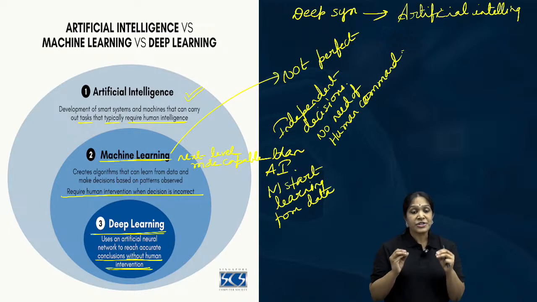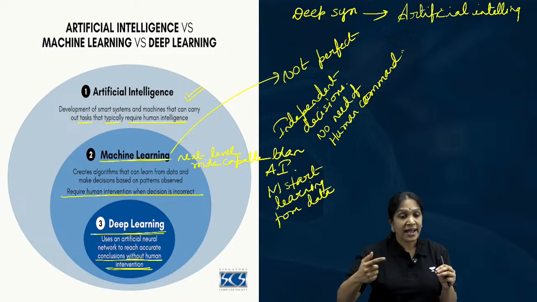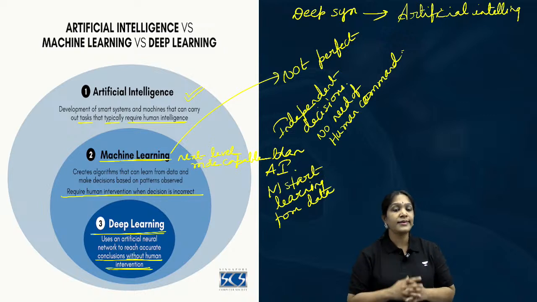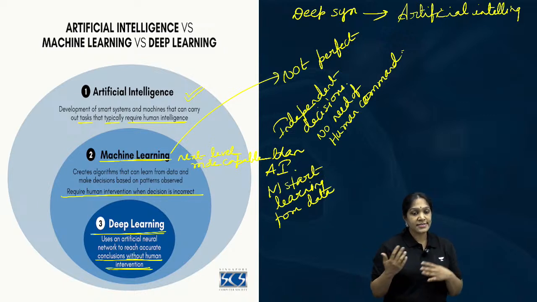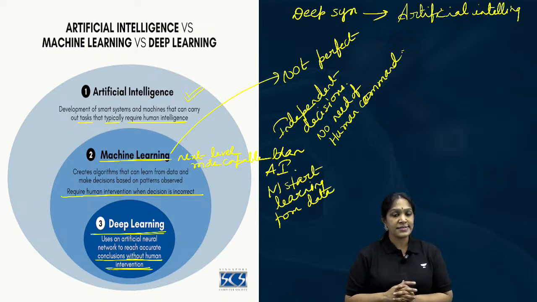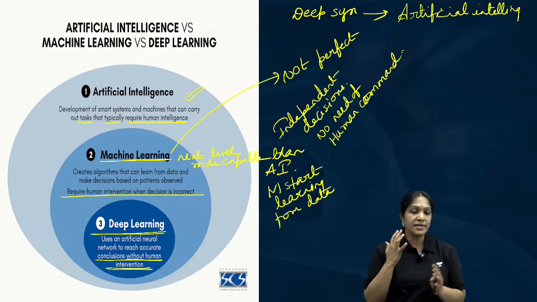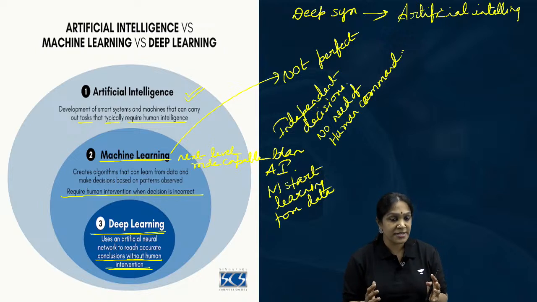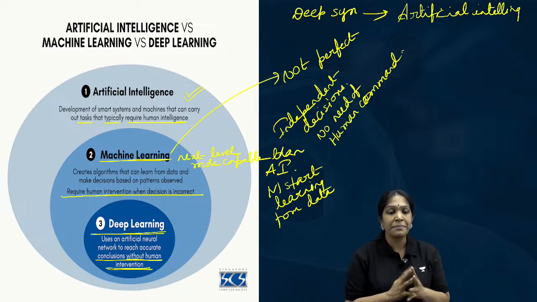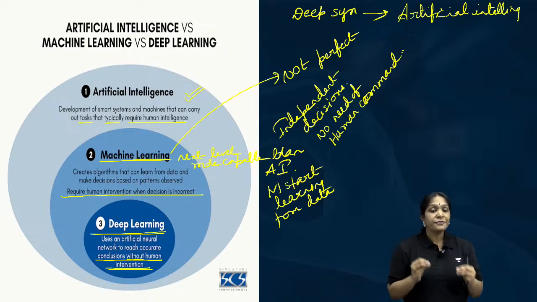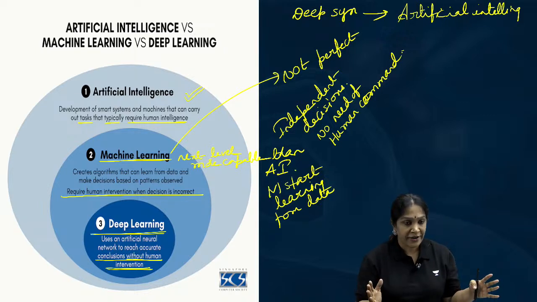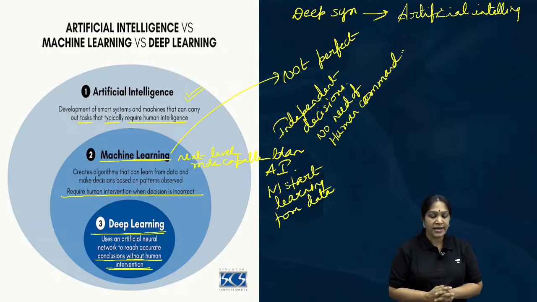Then, if the machine starts learning from the data and takes independent decisions, the next level of AI is called ML, that is machine learning. But this is like baby steps. It can take a wrong decision and the human being will interfere. If the human being does not interfere at all, if it can take perfect decisions, then it is called deep learning.